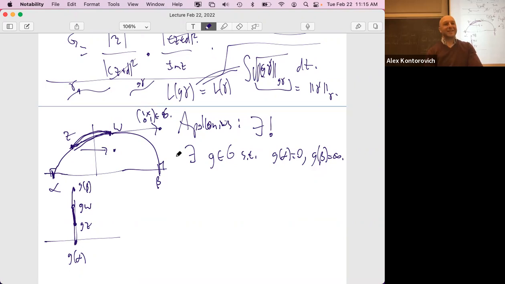Then you can find where you should send Z. But in the process of sending Z, you have to fix W. Instead of solving the general problem, we can solve it if W is on the imaginary axis. So you're saying you can definitely move W to the imaginary axis.